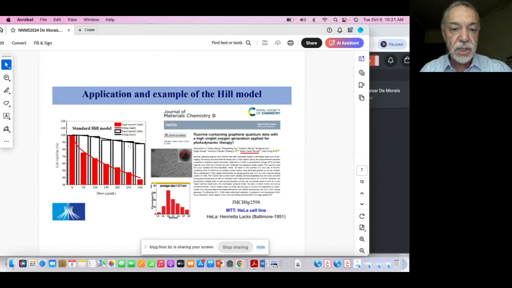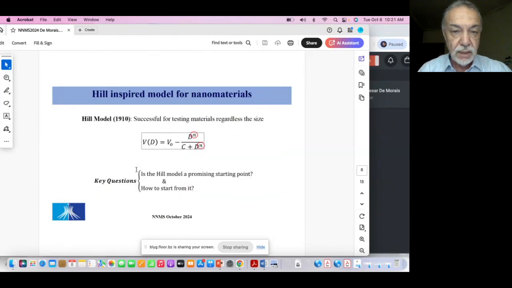The fitting here, using the Hill standard model, is shown by the solid lines. You can see the black solid lines, a very nice fitting, and the red solid lines, also a very nice fitting. From this fitting, we can extract with more precision the LD50 and the benchmark dose, for instance, which are very important parameters.